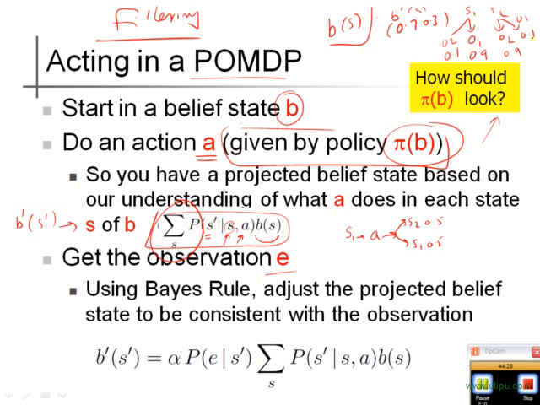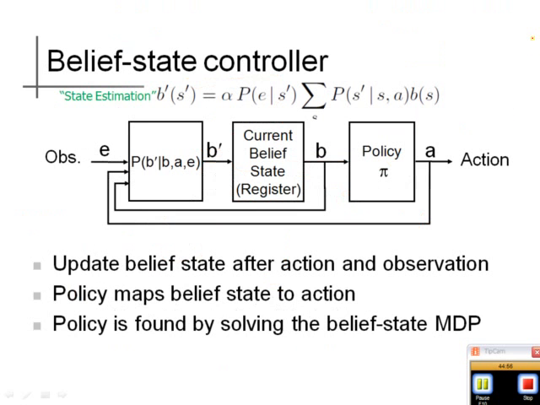However, in the beginning you thought you were in S1 with 0.7 probability and S2 with 0.3 probability. But having realized that you got the observation O2, you obviously must update your beliefs such that you are more likely to be in S2 than you thought you were.